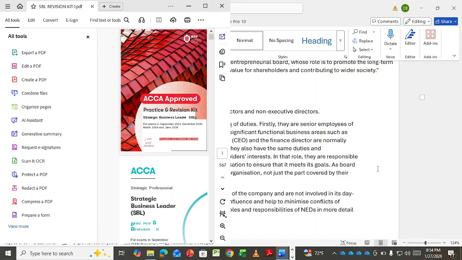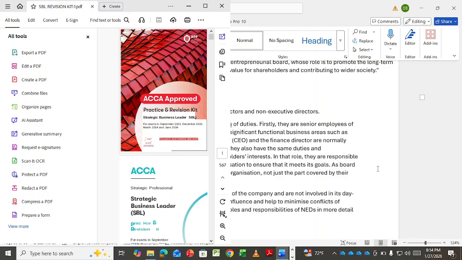So the board usually has the executive directors and the non-executive directors. The executive directors, usually these are the ones who are doing the active management and leadership of the company. They are involved in the day-to-day running of the business. They could be having maybe the CEOs, they could be having CFOs.